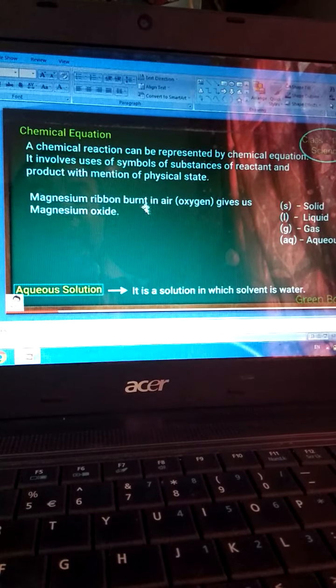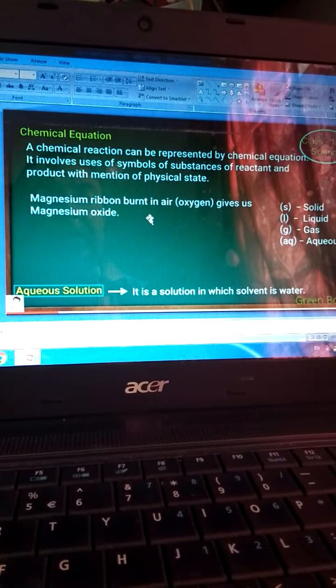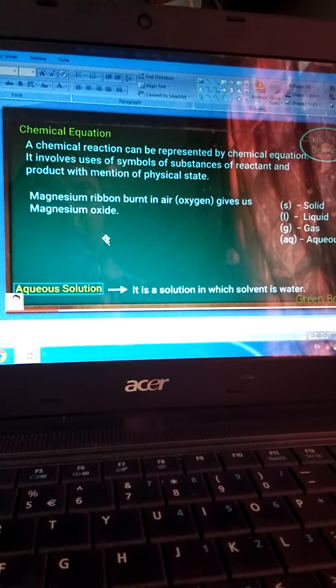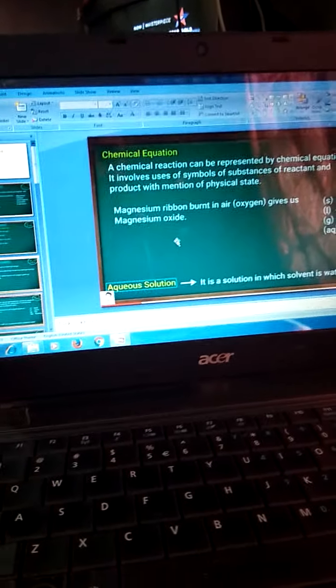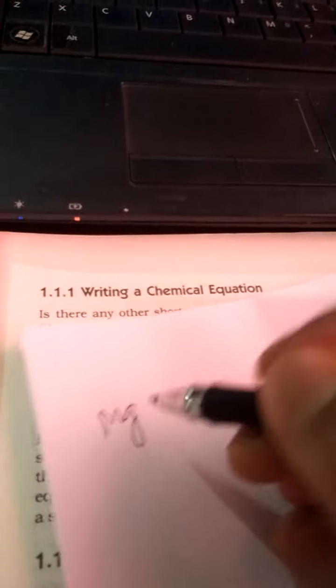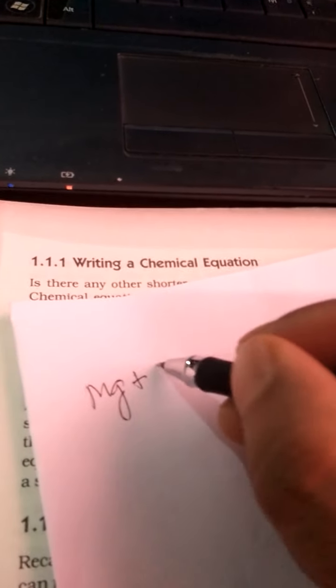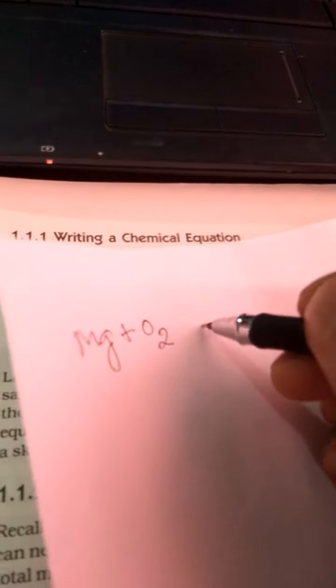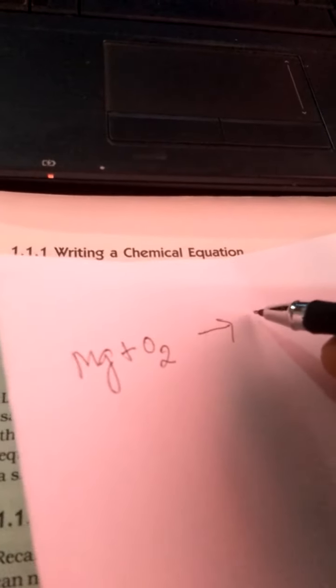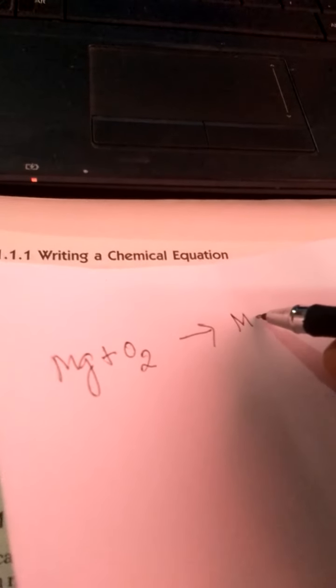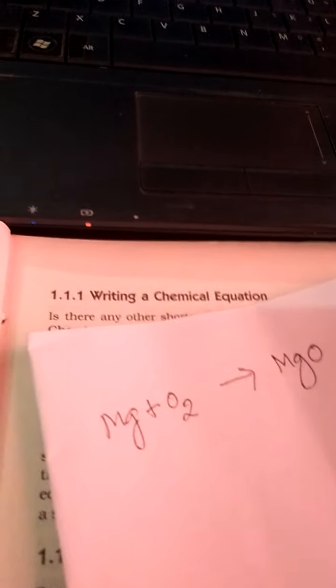For example, here magnesium ribbon when burnt in air gives magnesium oxide. So we can see here the symbol of magnesium. We can write the symbol of magnesium as Mg. Mg, magnesium, plus when it is burnt in oxygen we can write O2. So this is going to give magnesium oxide, MgO, magnesium oxide.